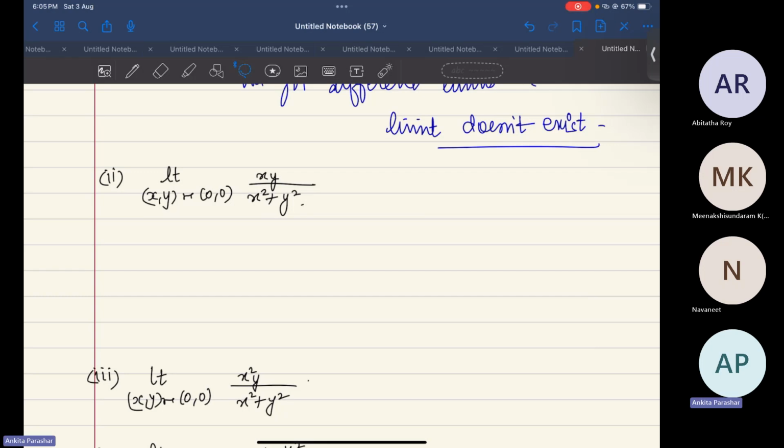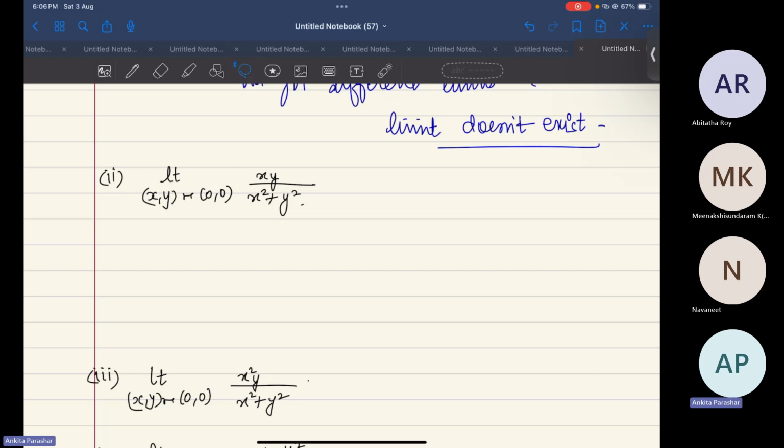So if you look at the function carefully, this is a kind of homogeneous polynomial. The degrees in the numerator and the denominator are the same. That means somehow you can cancel the degrees and get a scalar. You see? So a possible choice: suppose I choose the path y equal to x.